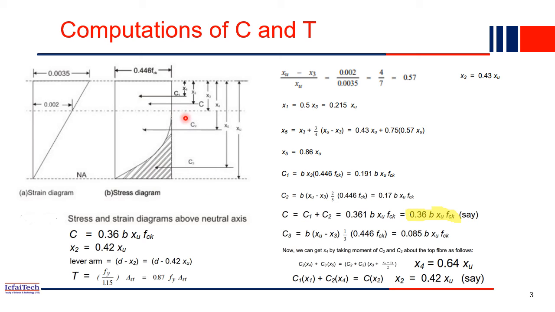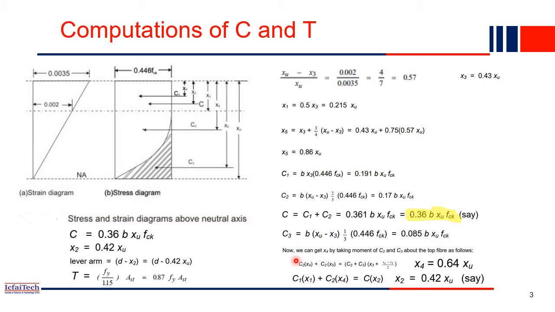This height is xu minus x3, into 1/3 of the width. Half into base into height is the area of a triangle. Similarly, 1/3 of base into height is the area for the outside parabola. Inside the parabola is 2/3 of the base into height. So one is base, another is height. Just simplify all these things. So C3 you will get like that.